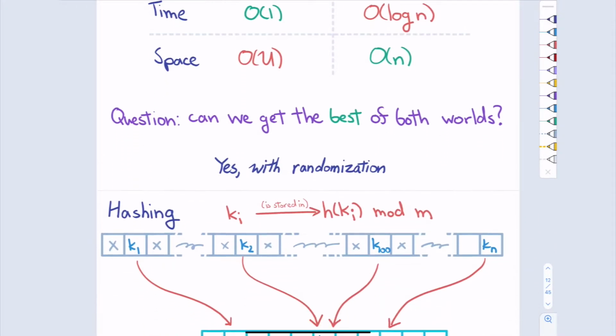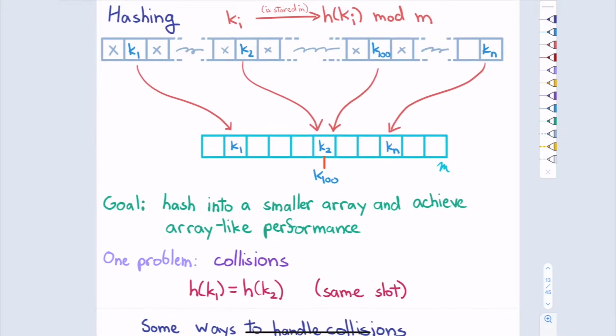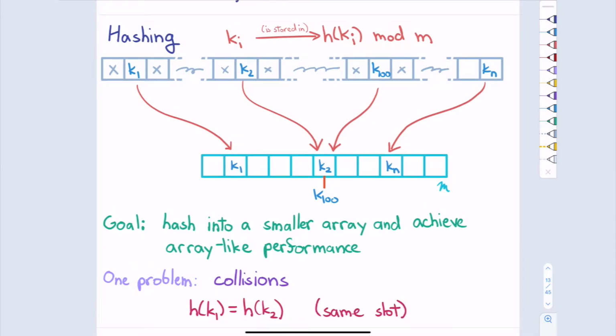All right, so hashing we talked about last time, so I can probably go somewhat quickly. The high-level idea is that we have these keys in this much larger space on top, and we're going to come up with some function h, which takes a key, outputs another number, and drops it into a smaller space down below.